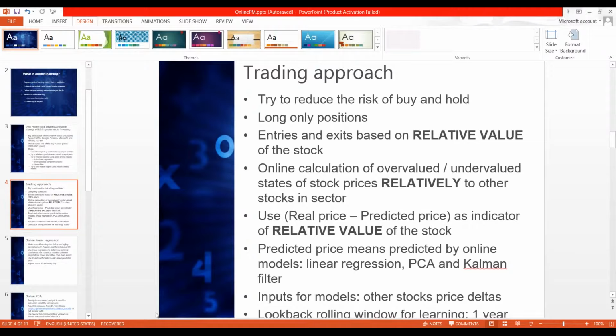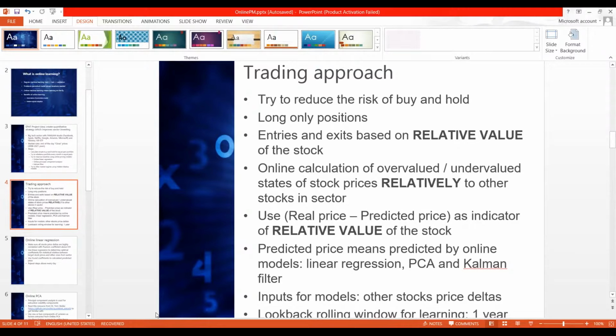This way I calculate the residual, a real value minus predicted value, and I will buy the stock on local lows of its value and sell on local highs. Residuals are calculated using the model I mentioned above: linear regression, PCA, and Kalman filter.